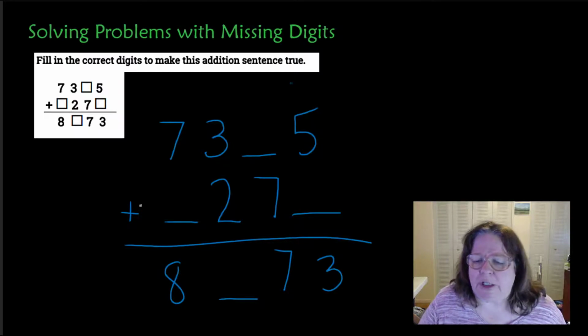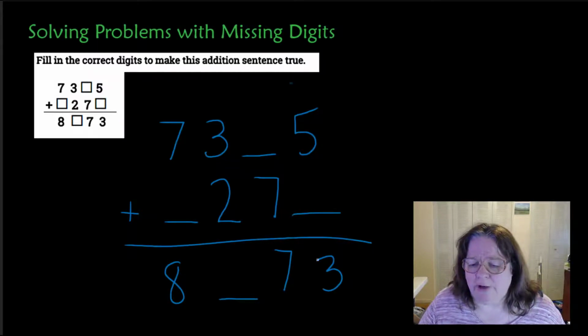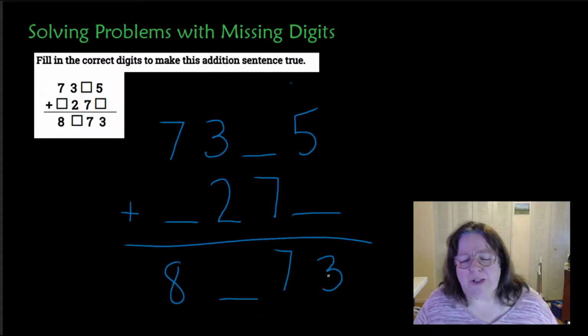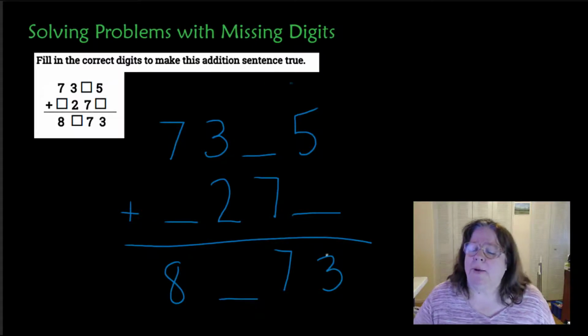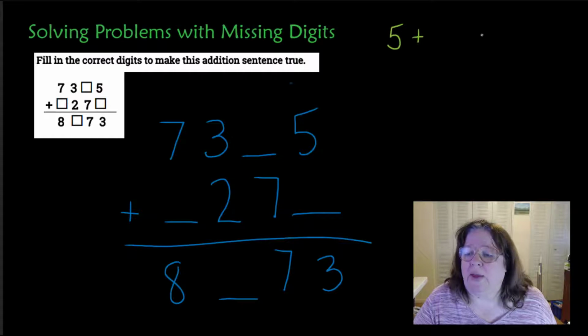Okay, let's look at this. Now this is addition, so something added to 5 should equal a 3. At first glance, that just doesn't make sense, but think about what you know. There is a math fact that you add 5 to that ends in a 3. 5 plus 8 ends in 13.